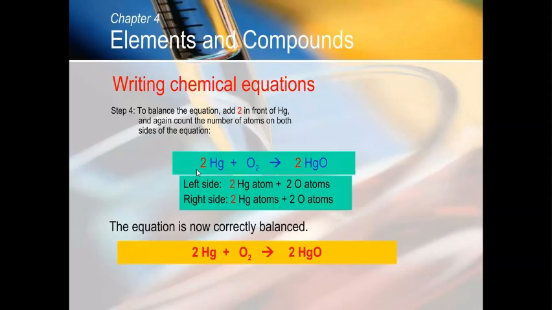And when we utilize this 2 here, you could look right down at the bottom below. This 2 represents the two Hg atoms and the two oxygen atoms also. So everything here has 2. So 2 Hg plus the two oxygen atoms. That fulfills the balanced equation. So this equation is now correctly balanced.